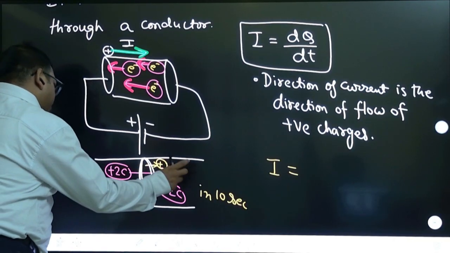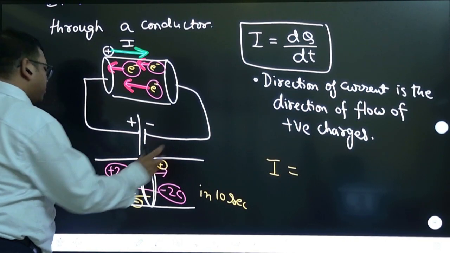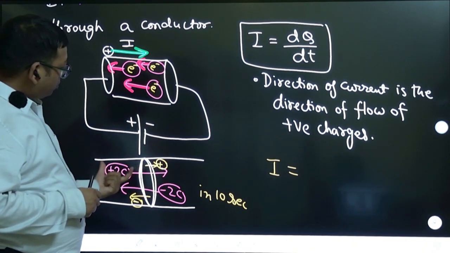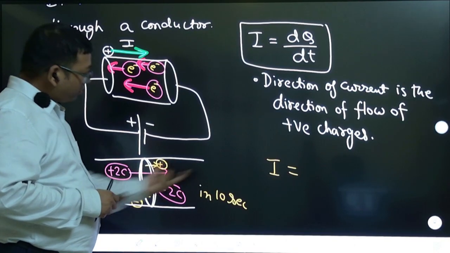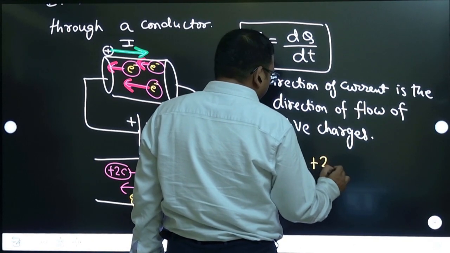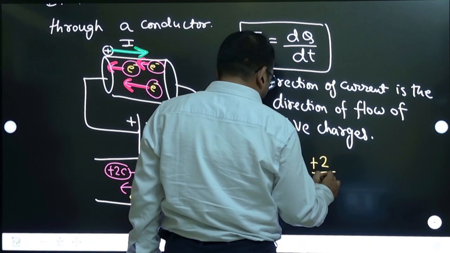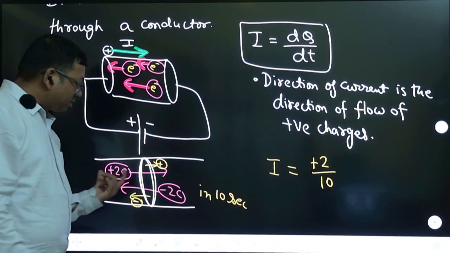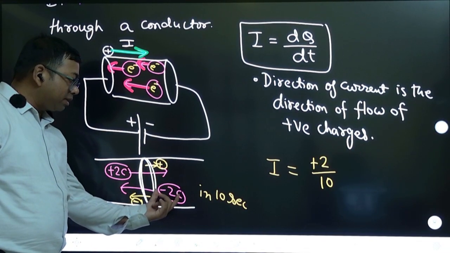So in the positive direction, if positive charges flow, that makes positive current. Positive charge plus 2 is flowing in the positive direction, so charge is plus 2 and time is 10 seconds, charge by time. This makes positive current. What about negative charge?